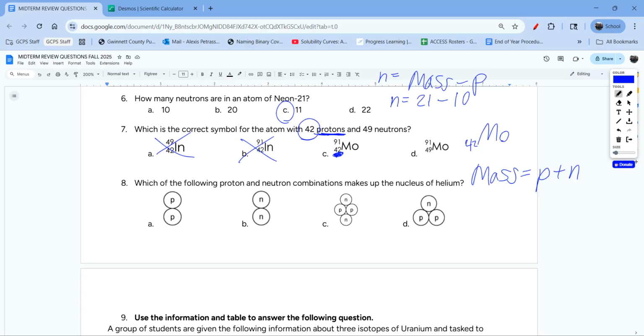Finding neutron versus finding mass is flipped around. So you're going to do 42 plus 49, and you get 91. So I want 42 on the bottom, 91 on the top. Answer C.